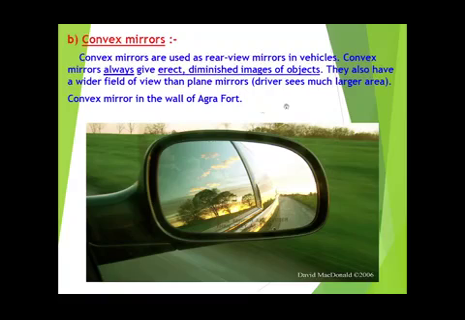And also these convex mirrors, as compared to the plane mirrors, they provide a wider field of view. That is, the drivers can see a much larger area from behind. The same kind of convex mirror is used in the walls of Agra Fort also.